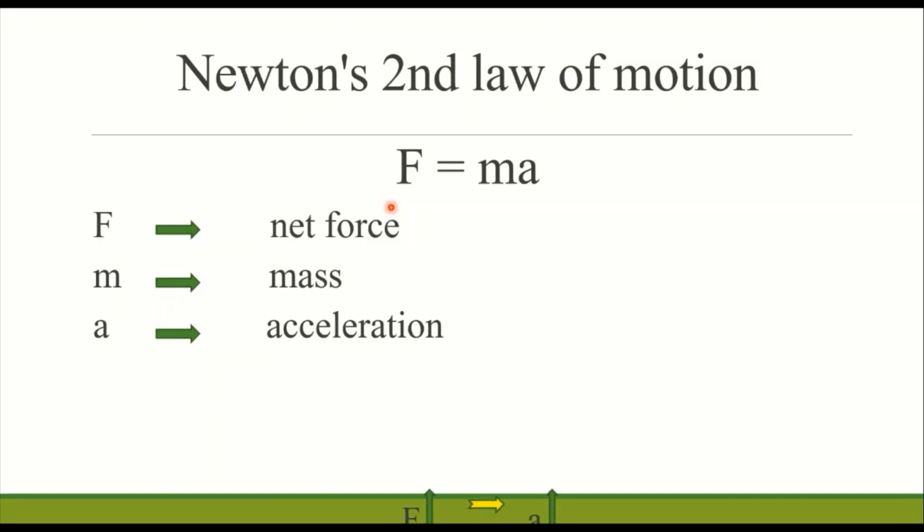Following this equation, it is obvious that a larger net force acting on an object causes a larger acceleration, and objects with larger mass require more force to accelerate. In other words, more force generates more acceleration for a given mass. On the other hand, more mass means less acceleration from a given force.